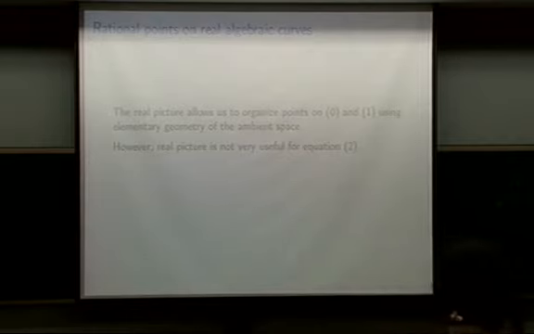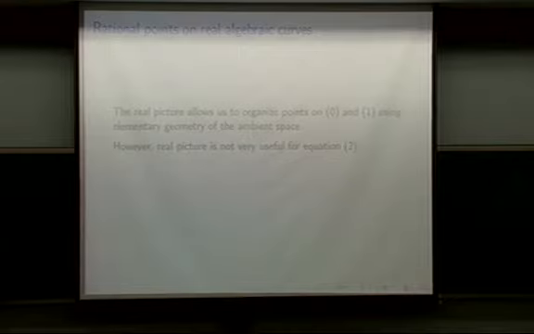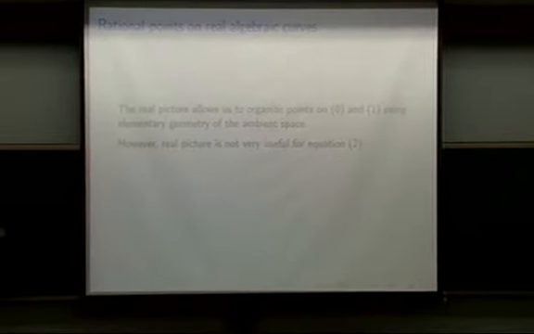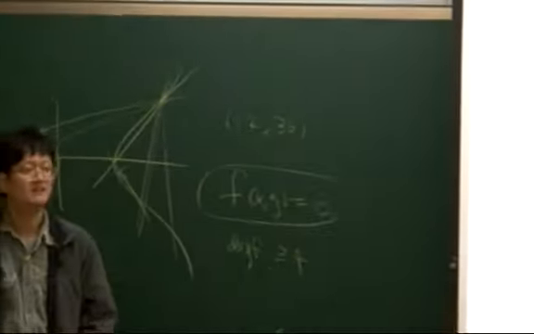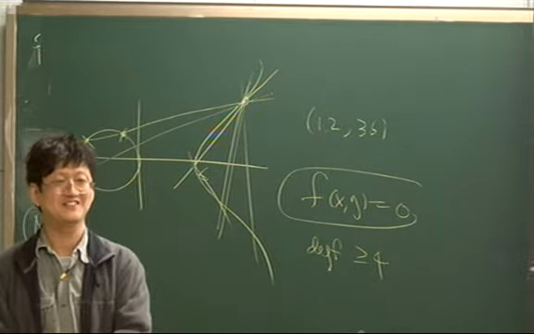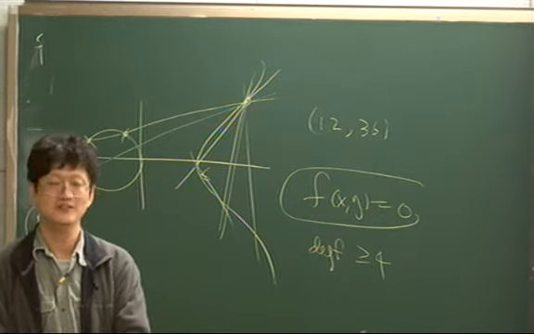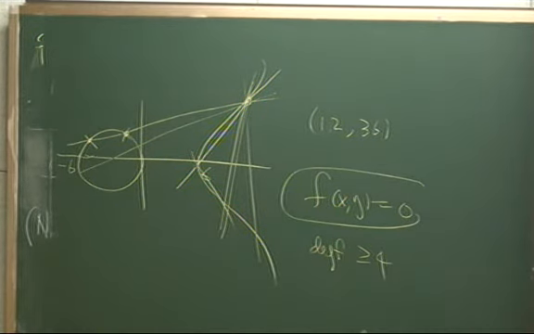That is to say, if you look at f(x,y) equals 0, where the degree of f is bigger than or equal to 4, so far there seems to be no systematic method for analyzing rational solutions to these equations. So it's a very frustrating situation in number theory and maybe even embarrassing, right?